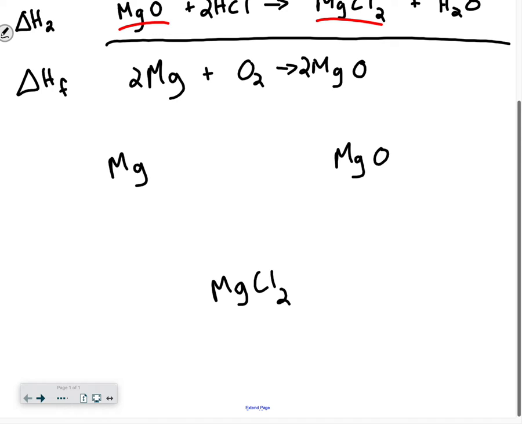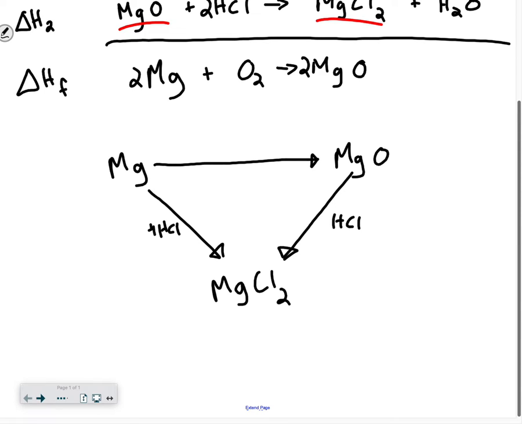Going from magnesium to magnesium chloride took some HCl, and going from magnesium oxide to magnesium chloride also took some HCl. And we can find out magnesium to magnesium oxide, and that's going to take some oxygen, right? So you have seen this before.